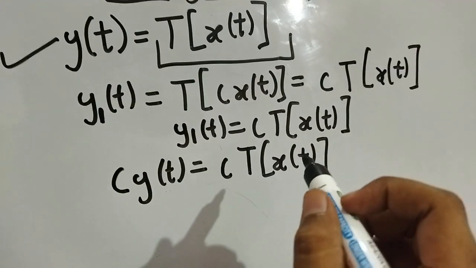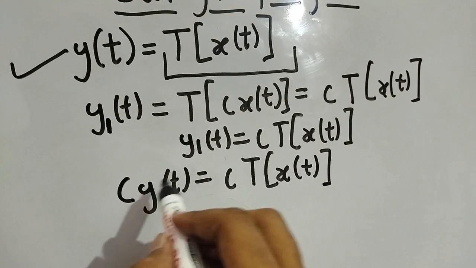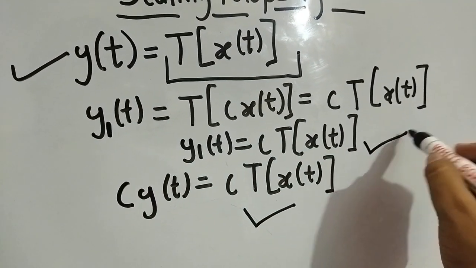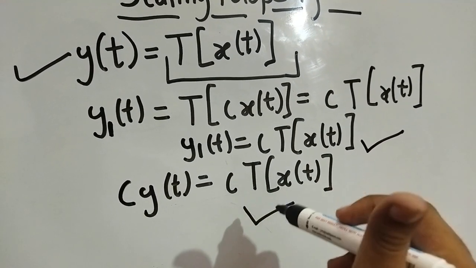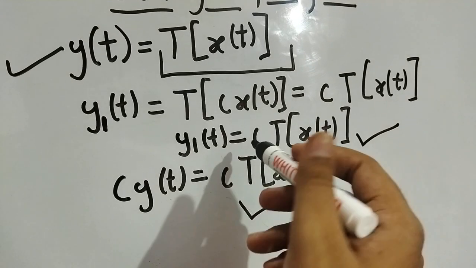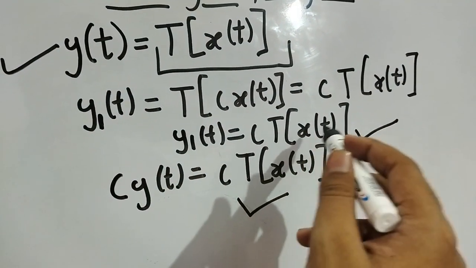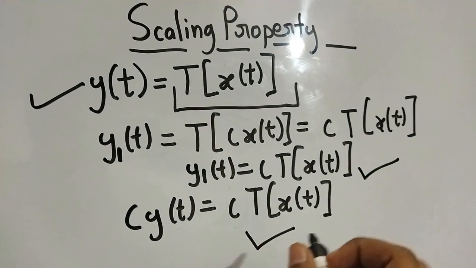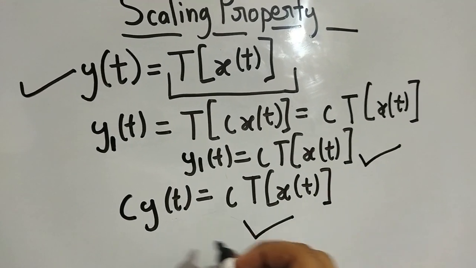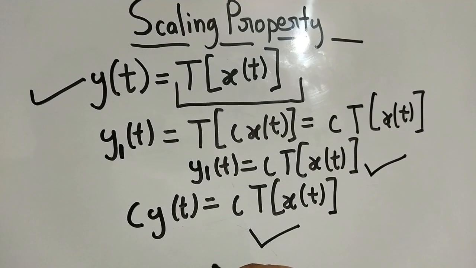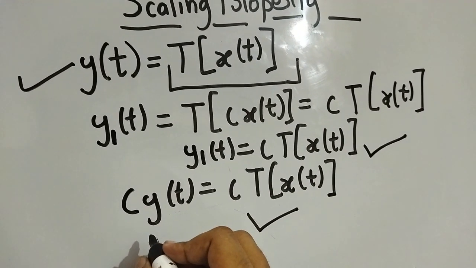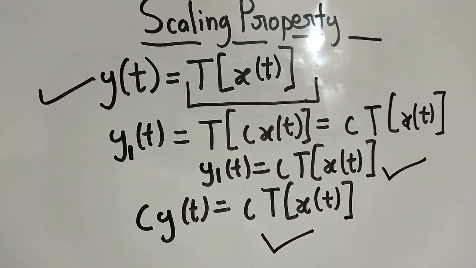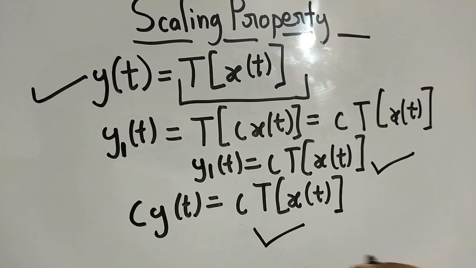After all this, we see that c into y of t is the same as y1 of t. That is, c into t x of t and c into t x of t are both the same. When we see such a relation, the system is said to satisfy the scaling property. So this is the scaling property.